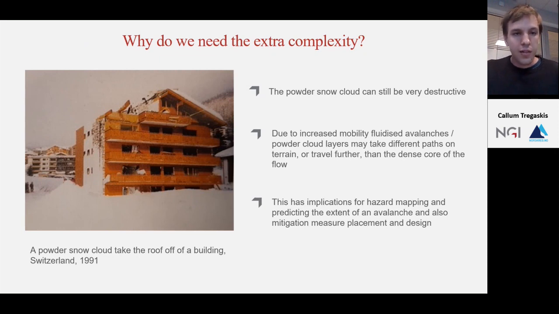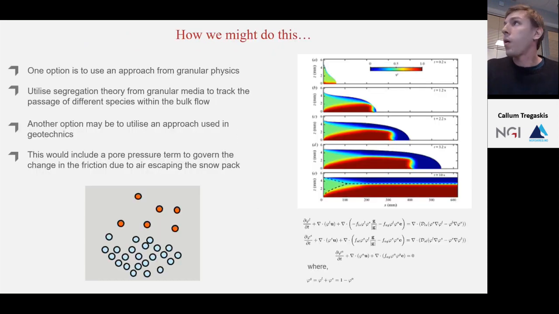An example of this is a powder snow cloud that ripped the roof off a building in Switzerland in 1991, and it was just the powder cloud. The dense flow didn't get anywhere close to the building. So this is important.